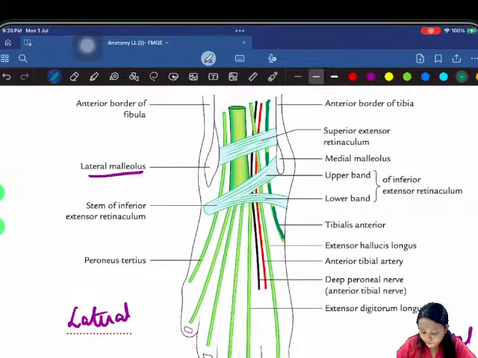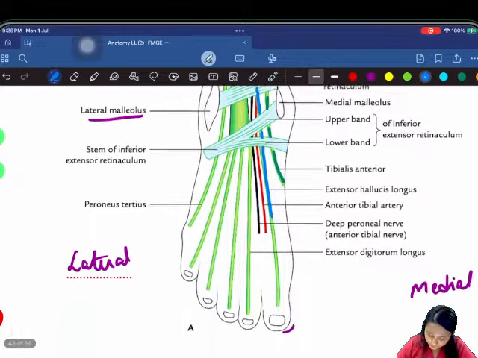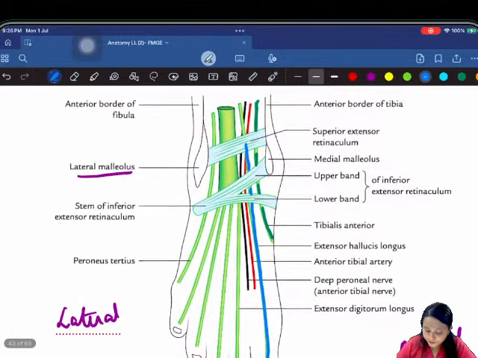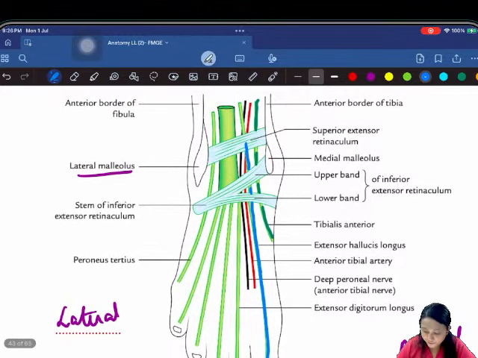So after tibialis anterior, tall means tall husbands, tibialis anterior. Then you have husbands, the extensor hallucis longus. This is the extensor hallucis longus, which will go to the hallux. Then you have tall husbands are, A for artery, so you have the anterior tibial artery.